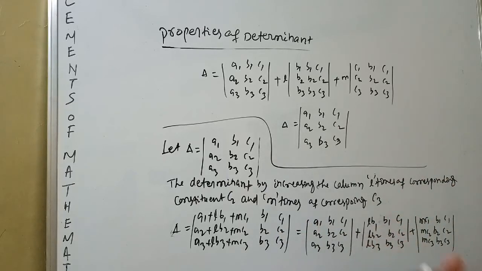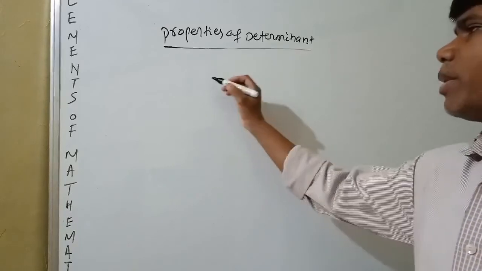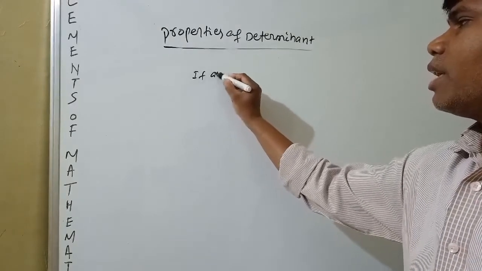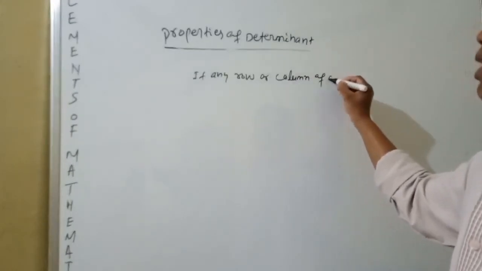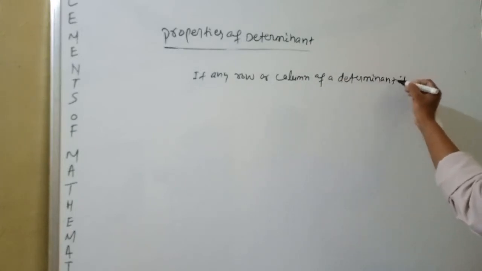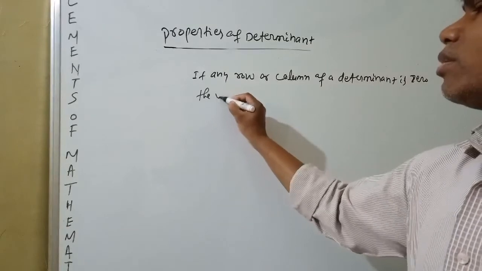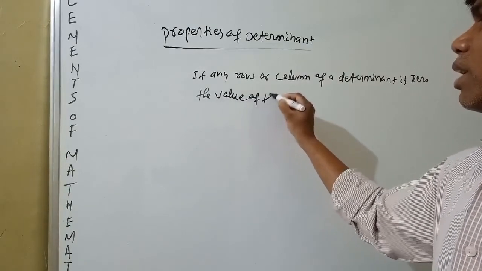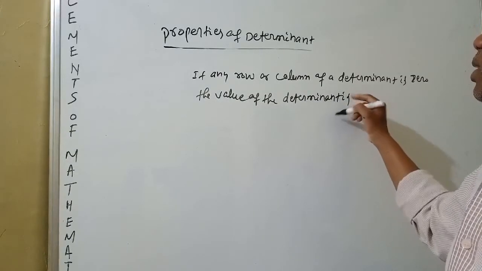Apart from this, some more things are there. If any row or column of a determinant is 0, the value of the determinant is 0.